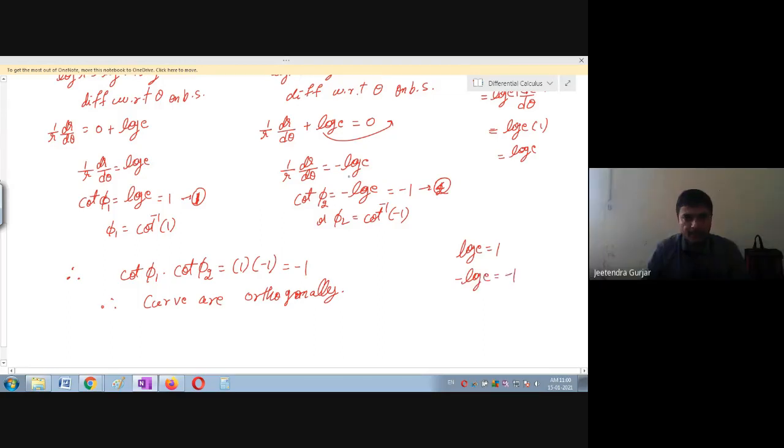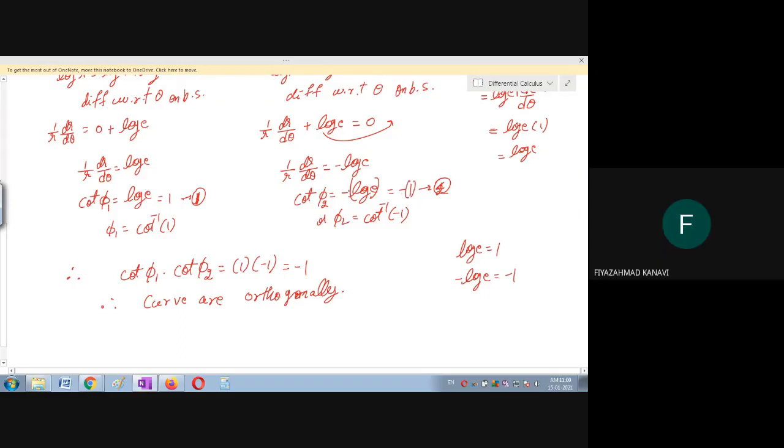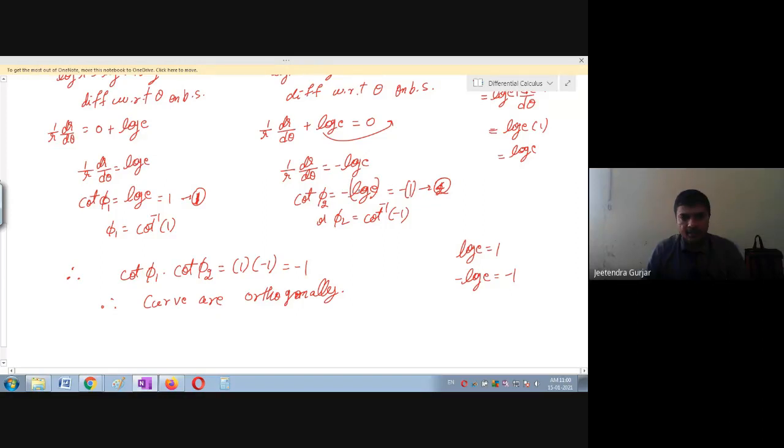Therefore, here the minus is there, minus log e, so this is going to become minus 1. Is it clear? Yes, your doubt is right. The minus is outside, and log e is in the bracket, so log e is 1 and minus is outside, therefore minus 1. Is it clear? Still, if you have any doubt, please ask me, students.